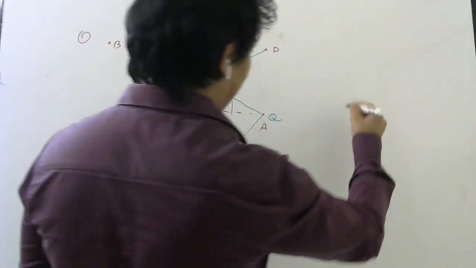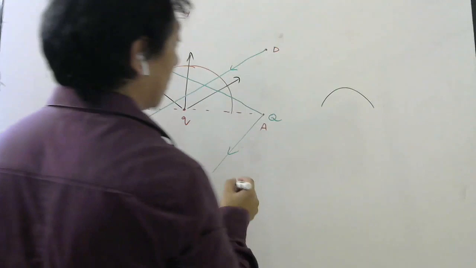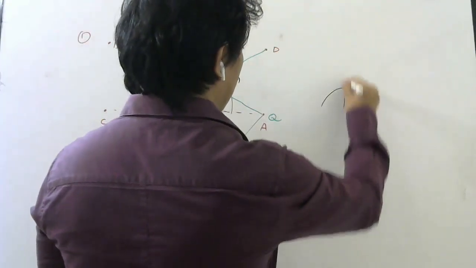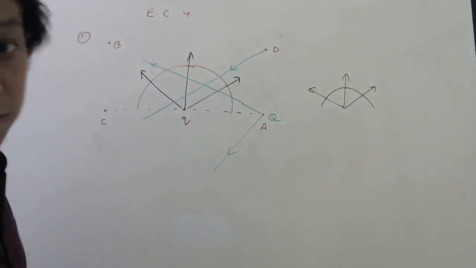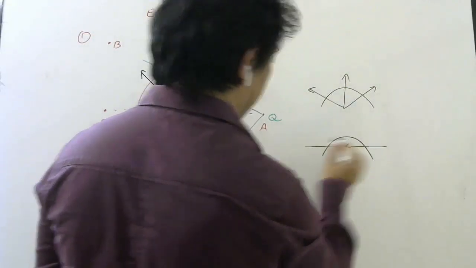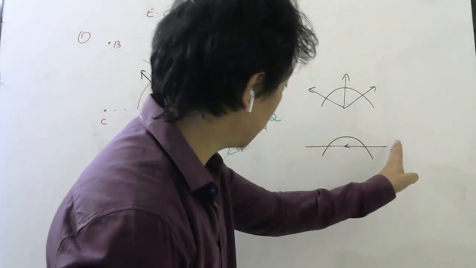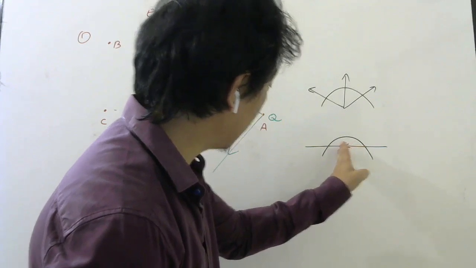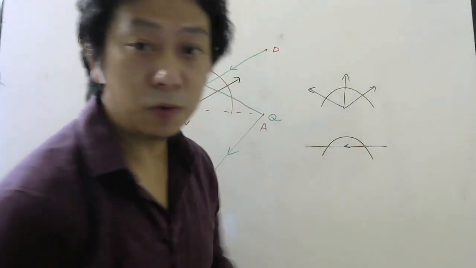So look here. Suppose you have a surface like this. Outward flux means a line should only come out. But suppose I draw one line like this. Then it is coming into this surface and it is again going out. So this line will not contribute to the net flux.